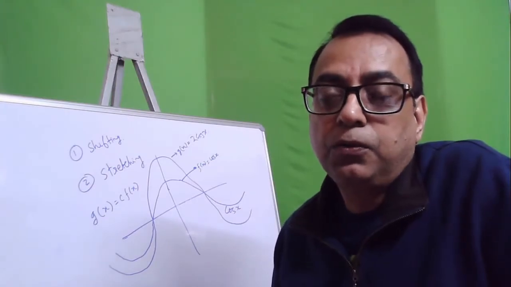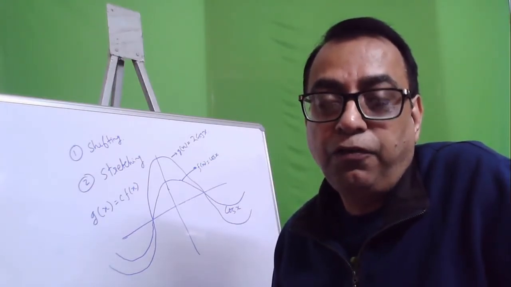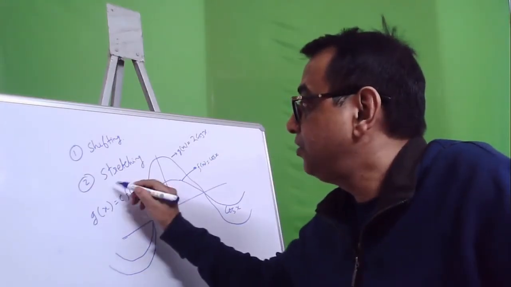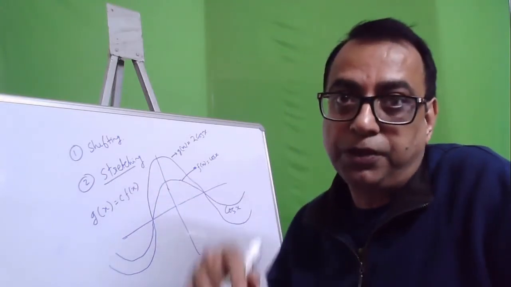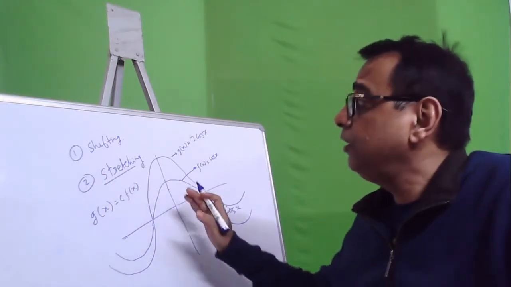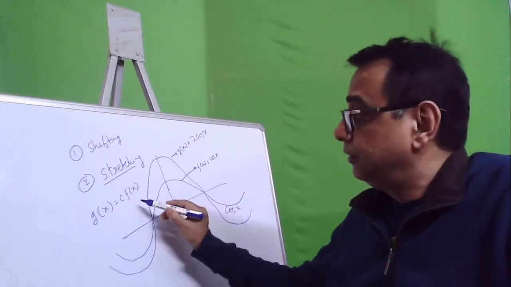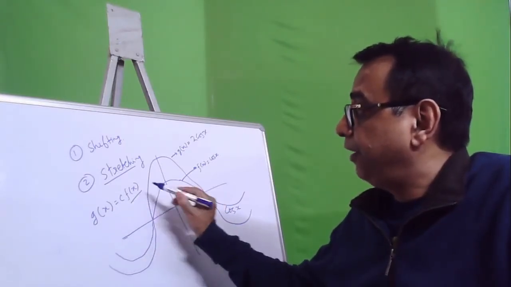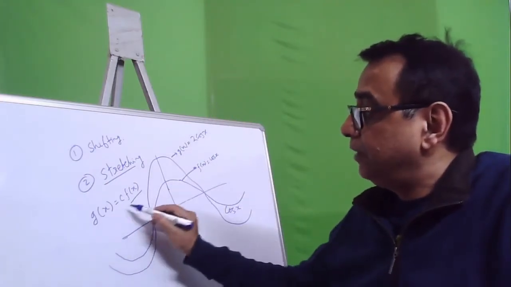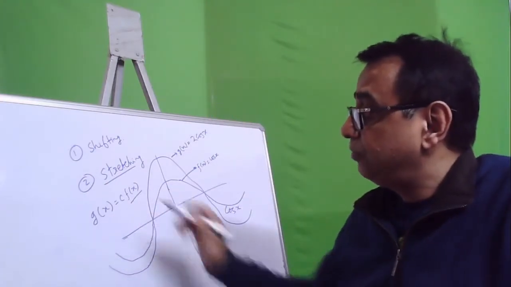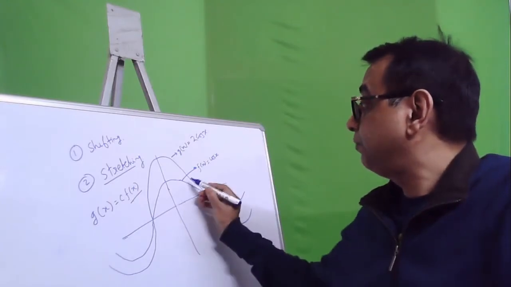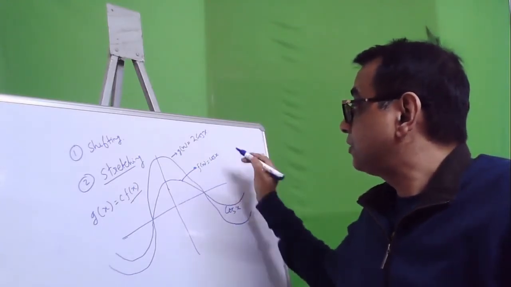Another way to get a new function from the old function is by stretching or compressing. Now when we stretch a function f(x) by c units, then g(x) will be c into f(x). For example, this is the function cos x.